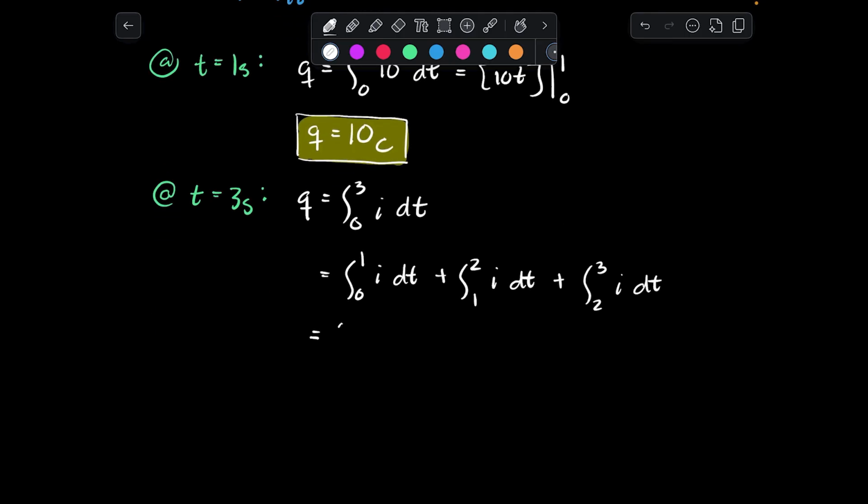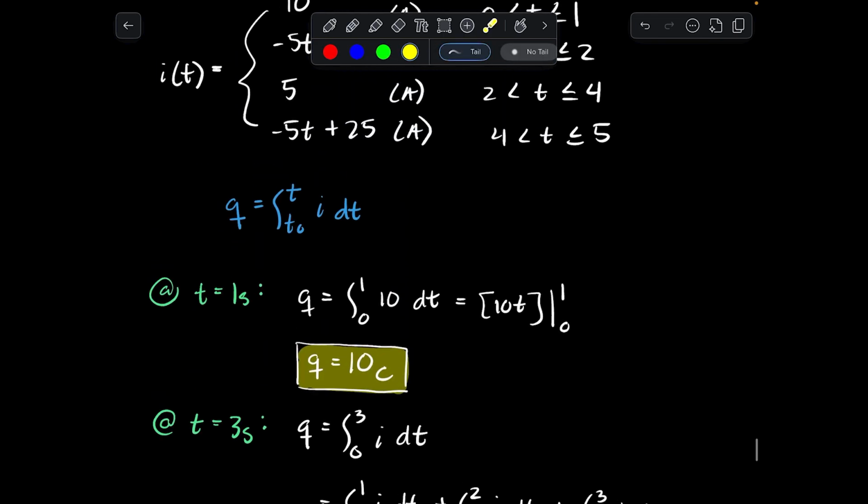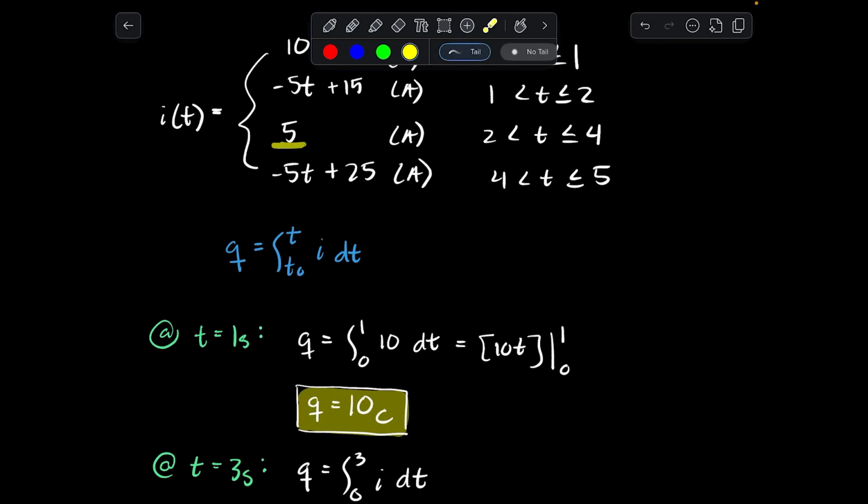And this is going to be equal to the integral from 0 to 1 of 10 dt plus 1 to 2. Plugging in our equations now. Oh, I'm sorry, this has a t right here. Plus 15 dt plus our integral from 2 to 3 of 5 dt. We're just going to follow this 5 between 2 and 4, right? Except this is just going to be from 2 to 3, obviously.